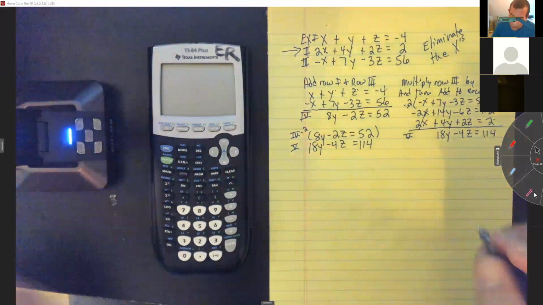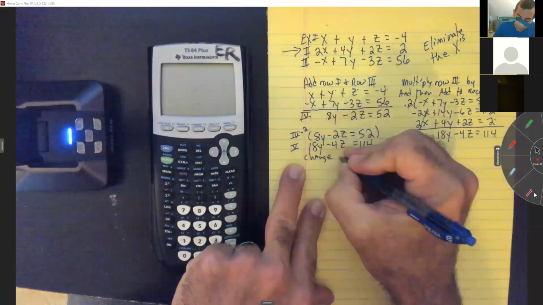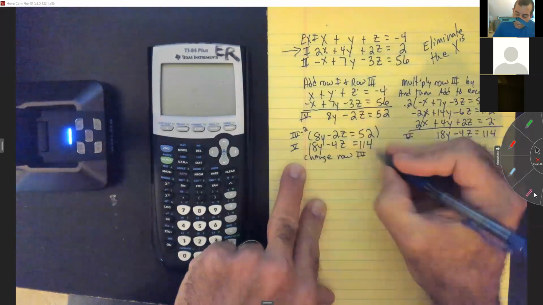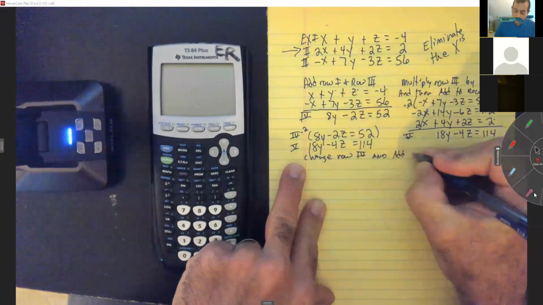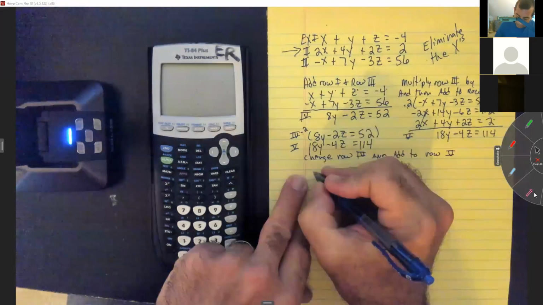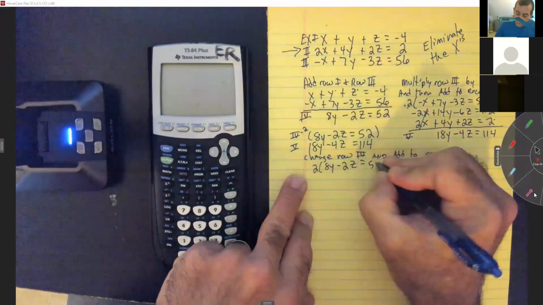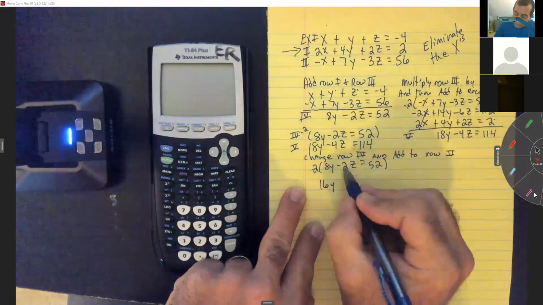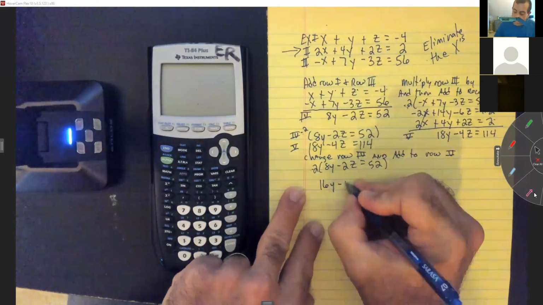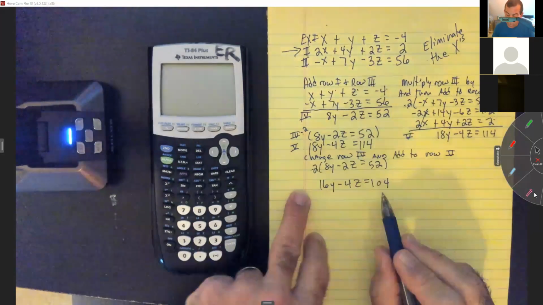So I'm going to change row 4 and add to row 5. We said multiply row 4 by 2. So 2 times 8 will give me a 16y. 2 times -2 is a -4z. 2 times 52 is 104. That's my new row 4.